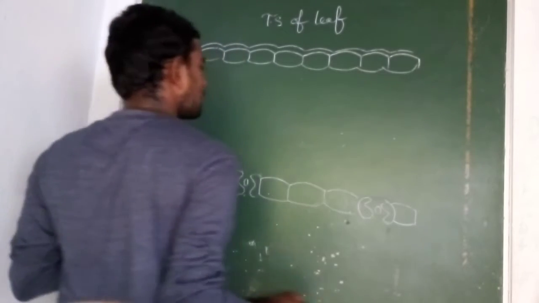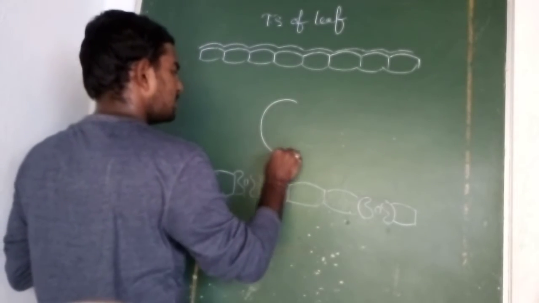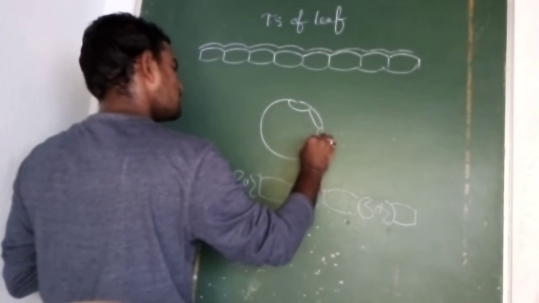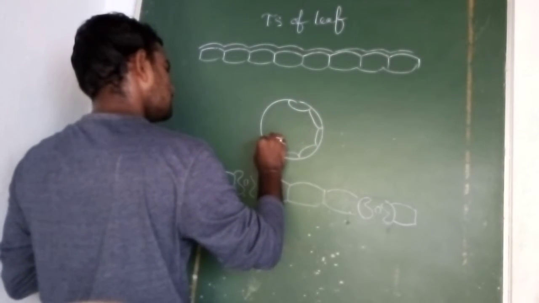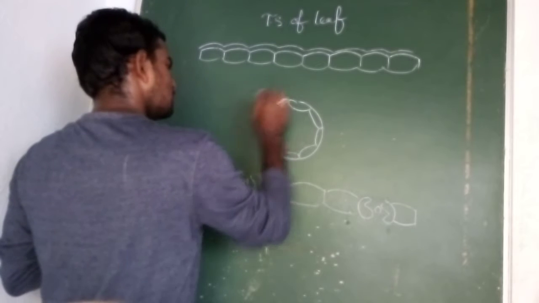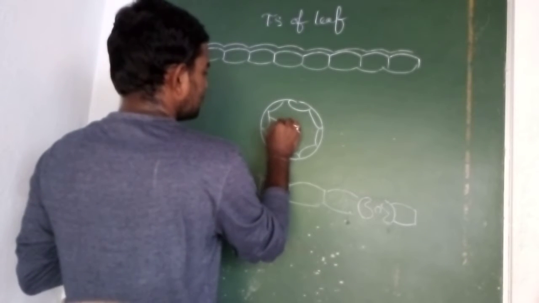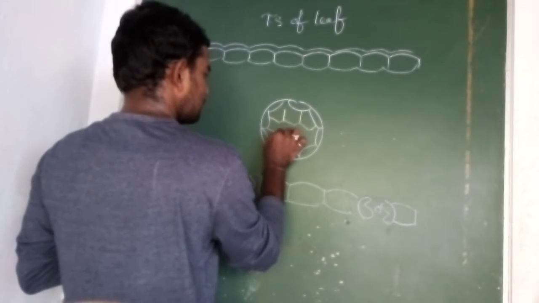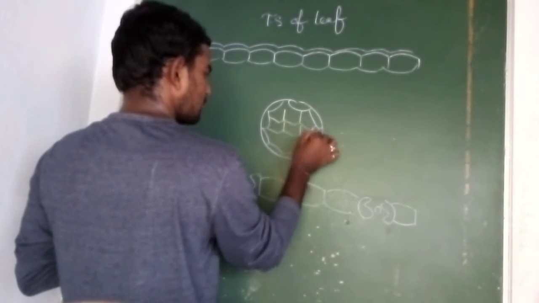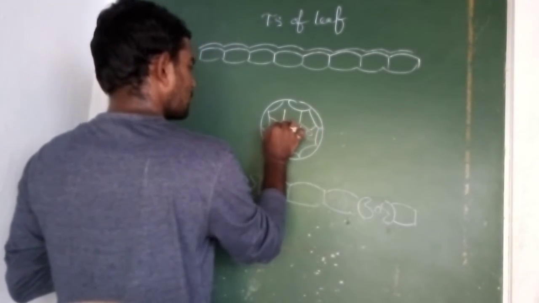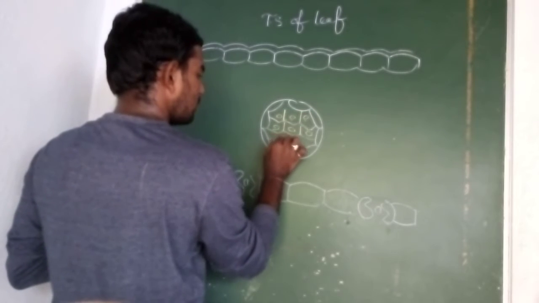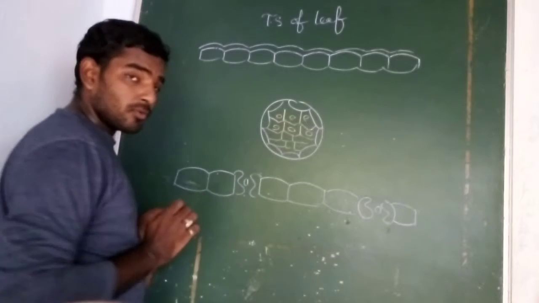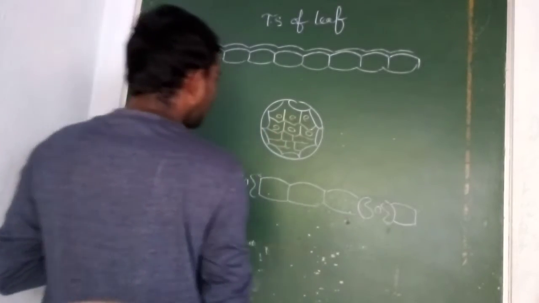If you see the internal parts, they consist of the vascular bundles, the vascular bundles like xylem and phloem. Xylem is used for the conduction of water, phloem for the transport of food.